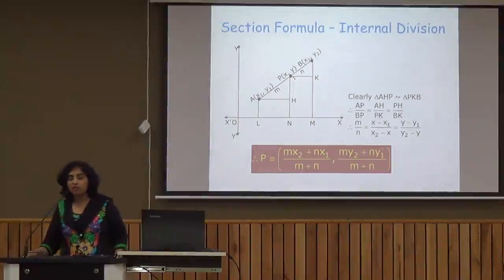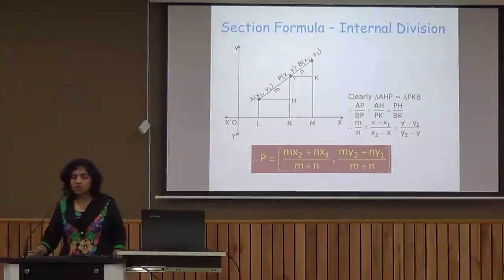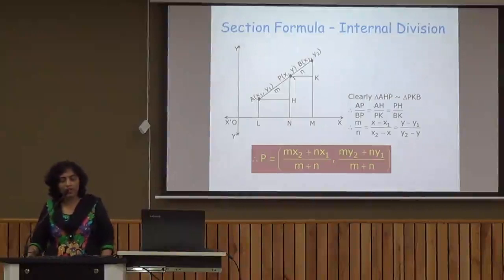We join with various horizontal and vertical lines to see that triangles APH and PBK are similar. As the triangles are similar, the corresponding lengths ratio will be the same. So AP upon BP is equal to AH upon PK is equal to PH upon BK, and AP upon BP is m upon n.